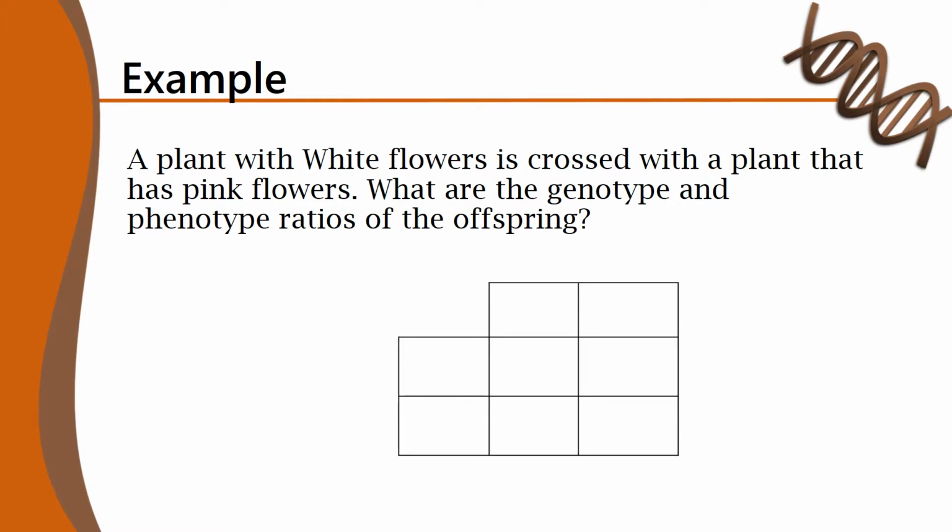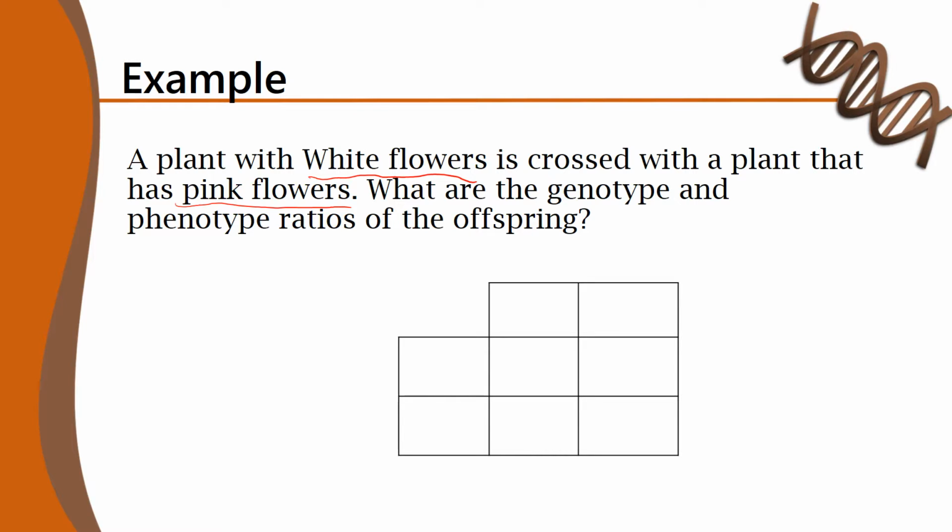So now that you've read through the question, keep in mind that the first thing that we need to look out for in the question are the genotypes of the parents. So in this question, we have white flowers crossed with pink flowers. And we talked about in the previous slide that in this plant, white and pink and red is an example of incomplete dominance.